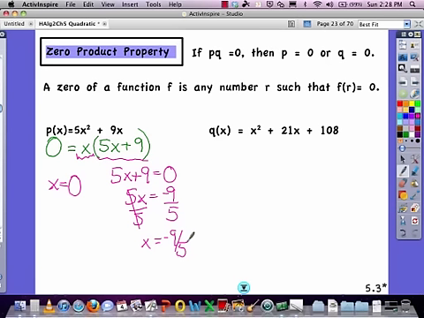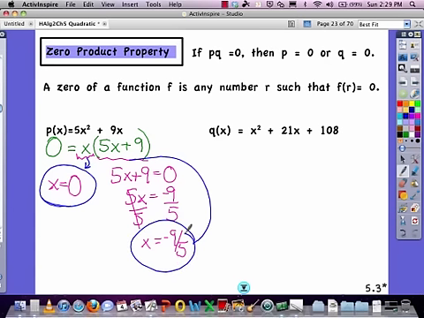So they're asking, what are our zeros of the function? Our zeros of the function are the 2 values that make both parts, so the first part and the second part, 0. So x equals 0, x equals negative 9/5. In order to do zeros of an equation, you have to factor first.